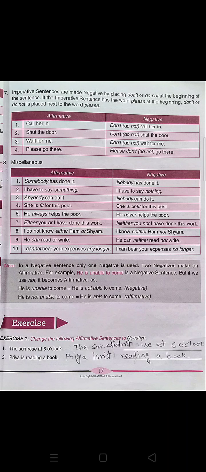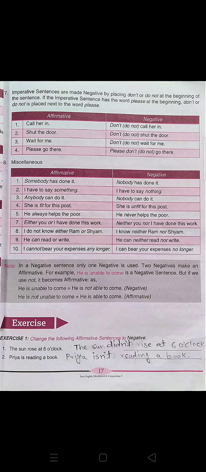So if we are using a double negative, the sentence becomes affirmative, meaning-wise. He is not unable means he is able. You understood? So no need to add two negative words. Only one is enough.